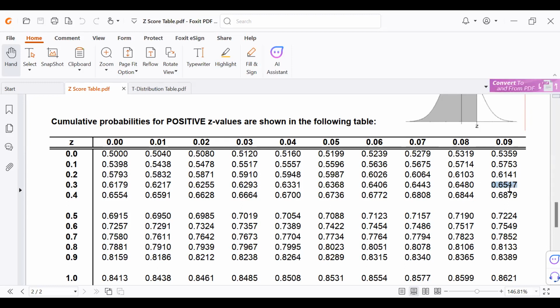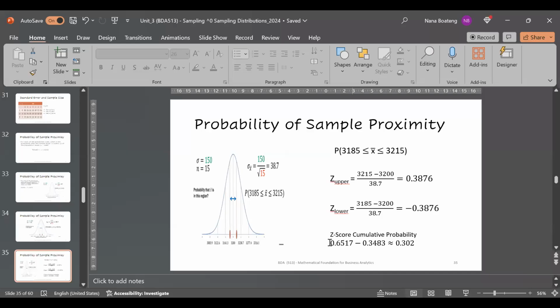Pius, do you understand how we read this? Yes, Nana, thank you. So let's go back to our slide. The one for the upper is 0.6517.